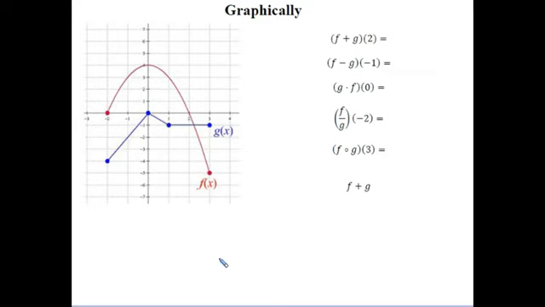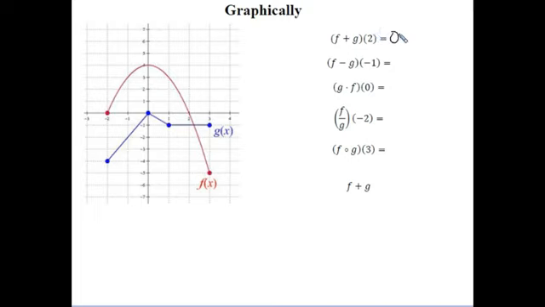Alright, so let's take a second and talk about how we can perform operations on functions in a graphical sense when we look at a picture. In our first one, we want to take our f value and add it to our g value whenever our x value is 2. If we find f of 2 first, f is our red graph here, f of 2 would be 0, because if I put in 2, I get out a y answer of 0.